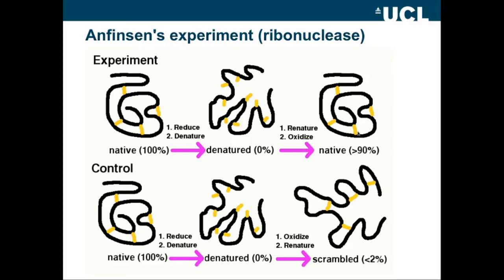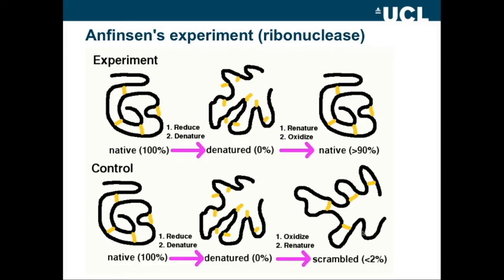Now, as a control experiment, he did the same sort of thing. He started with the native protein, he reduced and denatured it, and found that the denatured version had essentially 0 activity. But this time he oxidized first to reform the disulfide bonds, and then dialysed out the urea to renature.